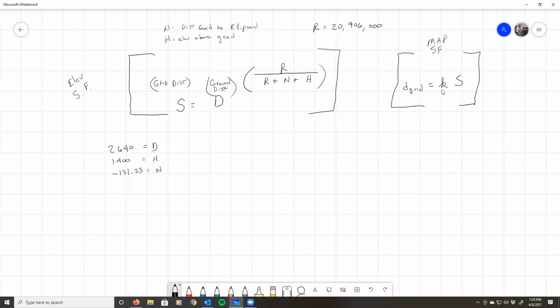In this case, they said the scale factor is 0.99994. That's the K value, or the scale factor. Oh, I'm sorry, 3 nines and a 4.